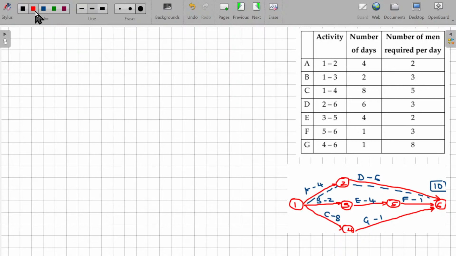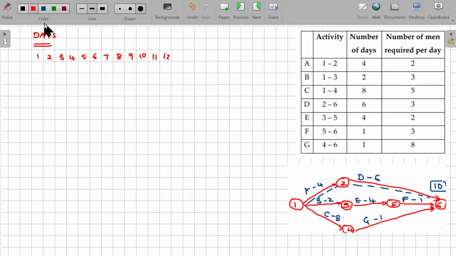The days you operate are shown here: day 1, day 2, day 3, up to day 10, 11, 12. So we have 12 days. The project gets completed by the 10th day itself, so we'll have 2 days extra.